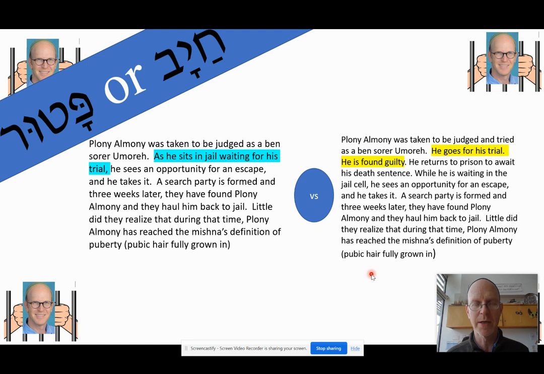And how does this difference, and this is question number 2, change your idea of whether someone should be chayav or patur? Should they both be chayav? Should they both be patur? Or does this difference change that? How significant is the difference in changing your guiltiness or innocence? That's question number 2.